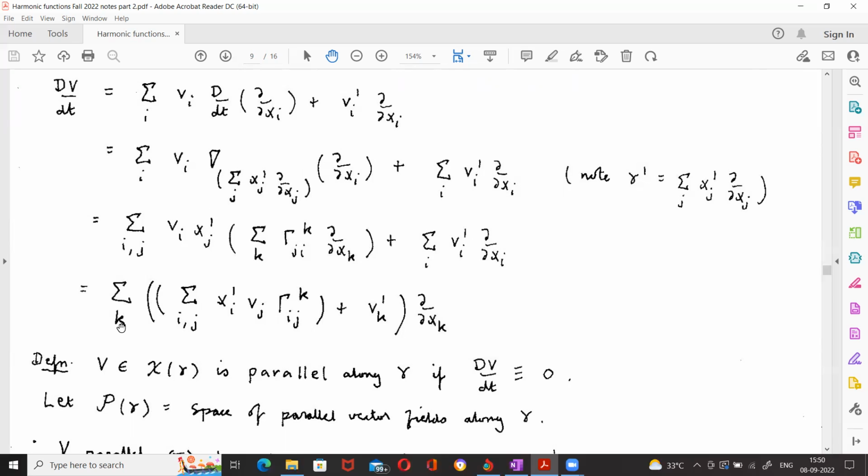So finally, I write everything as a linear combination of the ∂/∂xk's. I take the sum over k outside, and inside I get the sum over i, j of xi prime Vj Gamma^k_ij, plus Vk prime, the whole thing times ∂/∂xk. Is this clear? Yes. Okay.